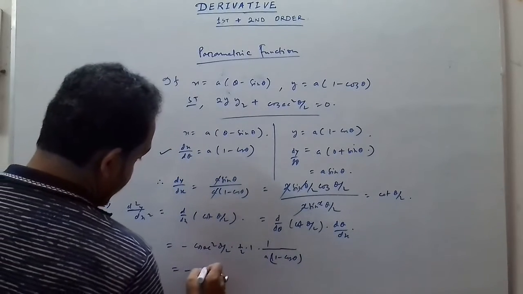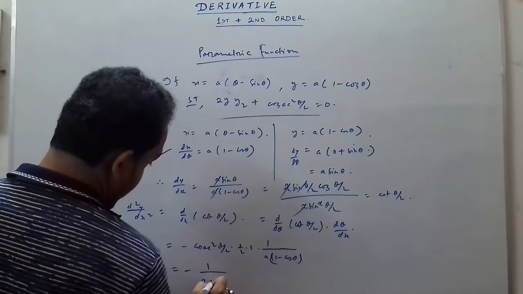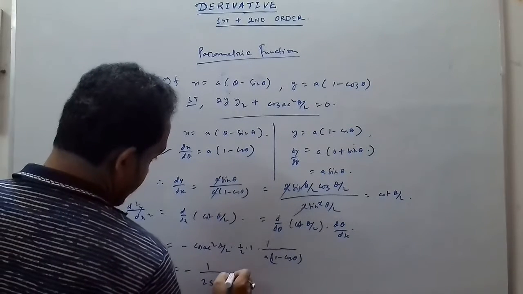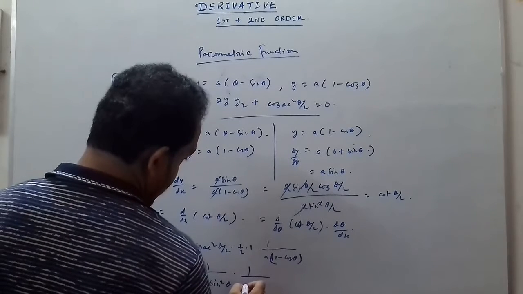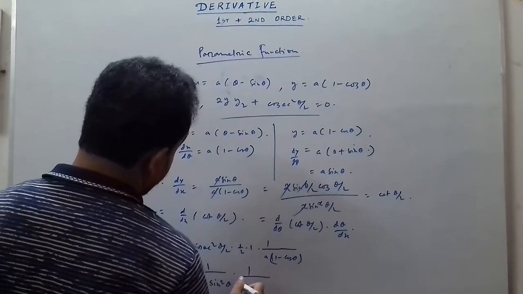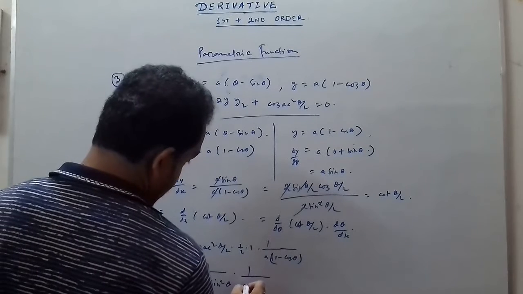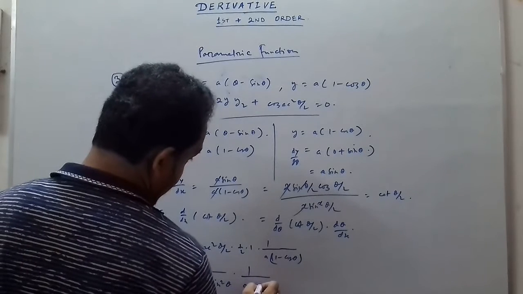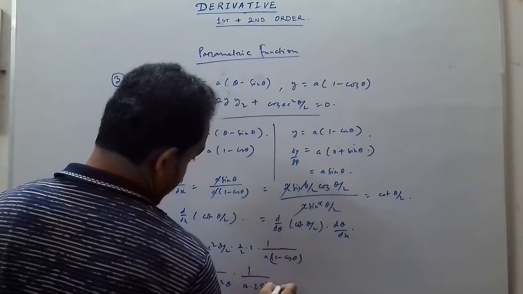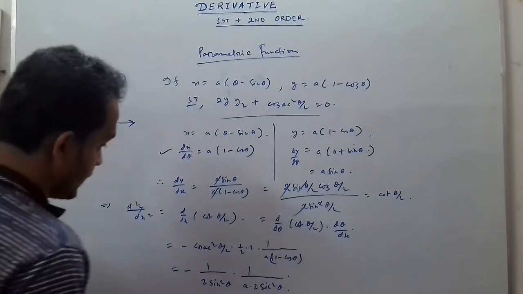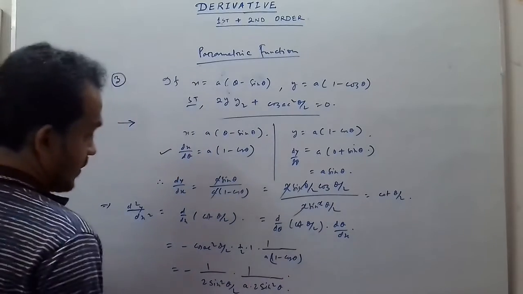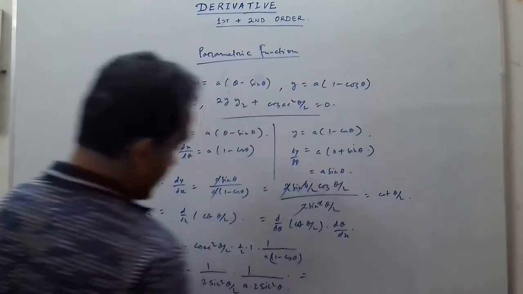Now minus of 1 over 2 sin square theta by 2 into 1 over a into 2 sin square theta by 2, and this is equal to what?